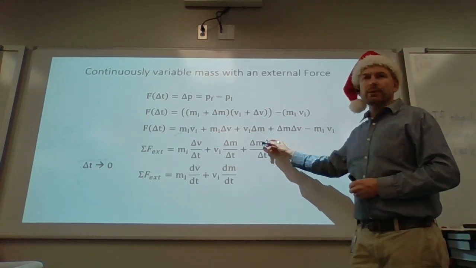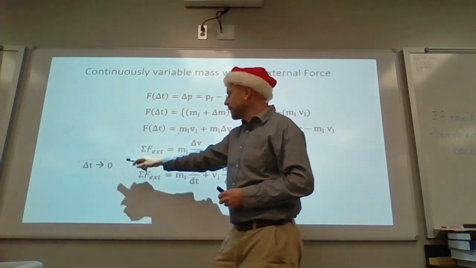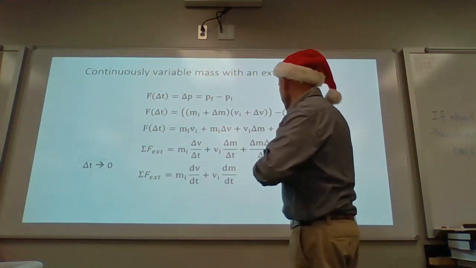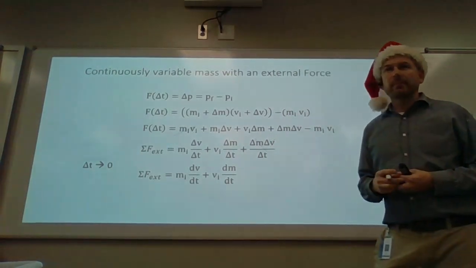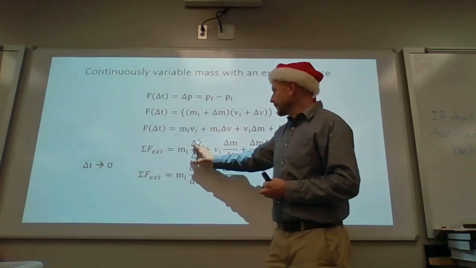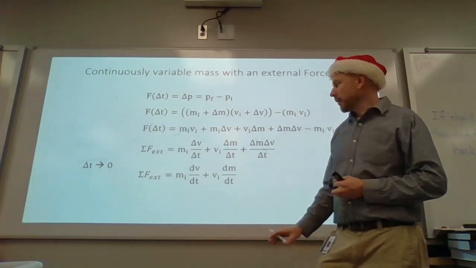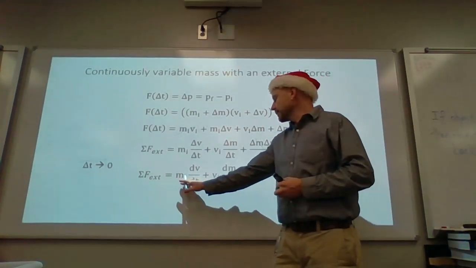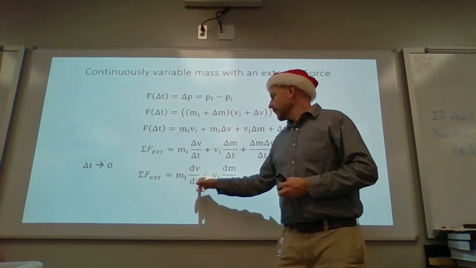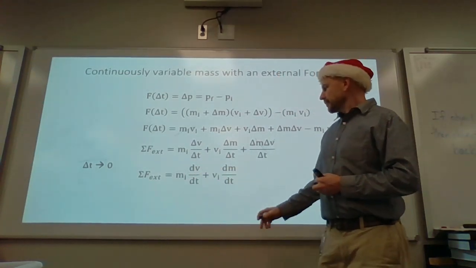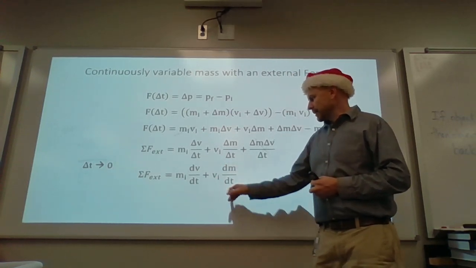If delta t goes to 0, this term drops out and we're left with this: the initial mass times the rate at which your speed is changing, plus your initial velocity times the rate at which your mass is changing.